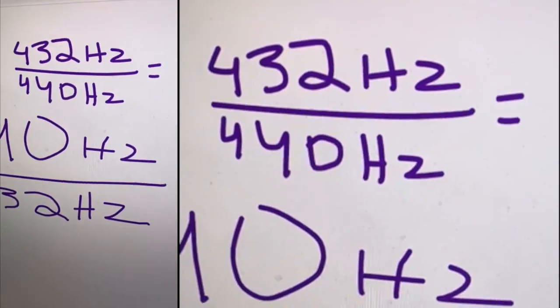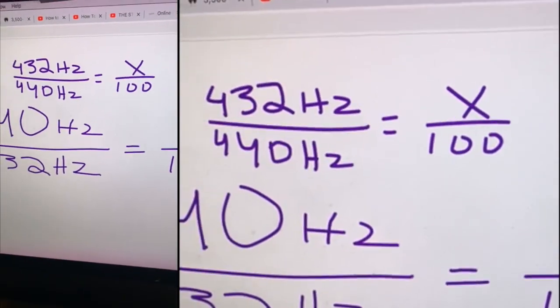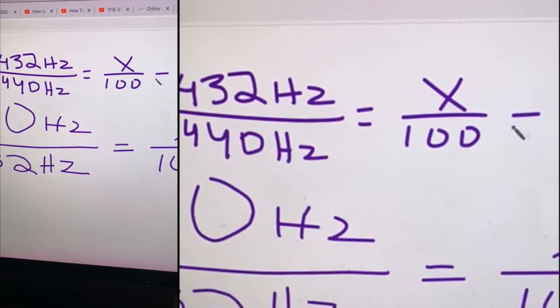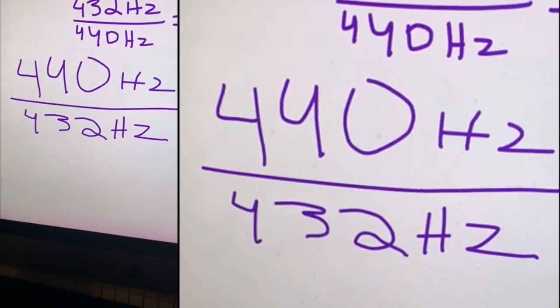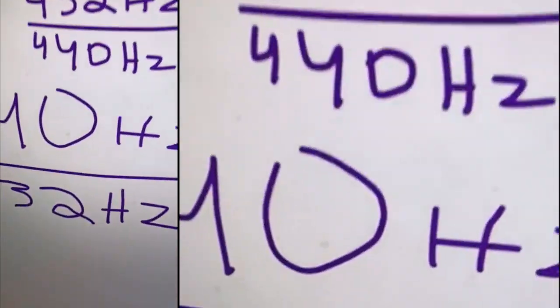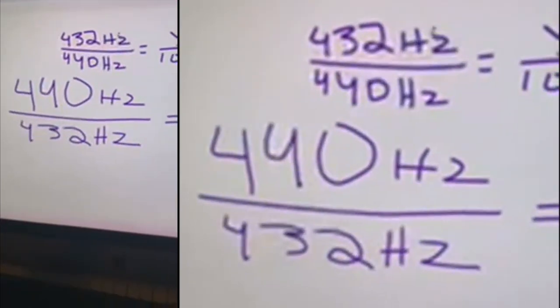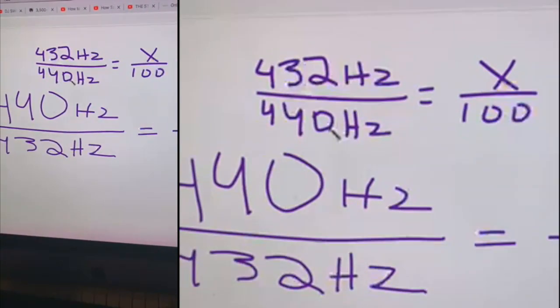So with this first way, 432 hertz over 440 hertz equals X over 100. Or you can do it like this: you can have 440 as the numerator, or you can have 440 as the denominator, either way. The numerator is up top, and the denominator is in the bottom.